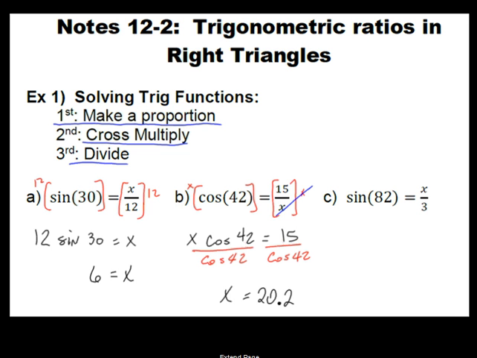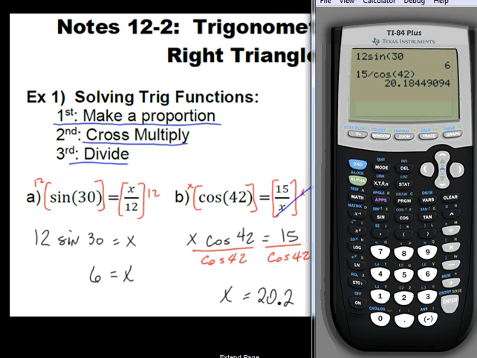Looking at C. C says the sine of 82 degrees is equal to x over 3. My goal is to get the x by itself, so I'm going to eliminate the fraction by multiplying both sides by 3. Doing so, these 3's cancel, and I have 3 times the sine of 82 is equal to my x. So let's go grab my calculator again.